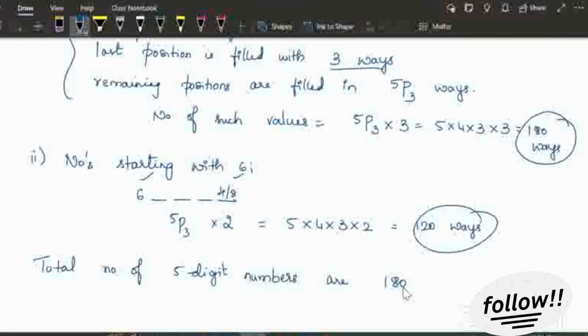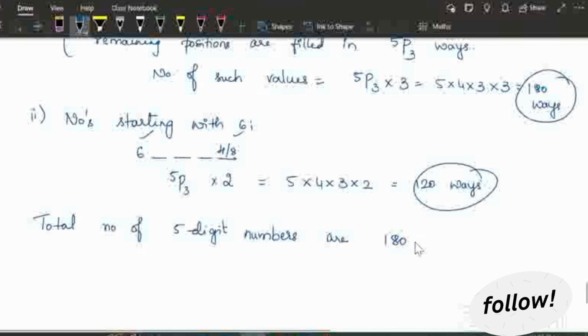It is the number of 5-digit numbers that start with 6. Can a number start with both 5 and 6? No, right? It has to be either starting from 5 or from 6. Therefore, it is or. Therefore, we have to add them. So 300 different numbers are possible.